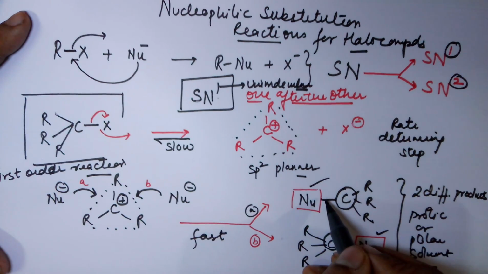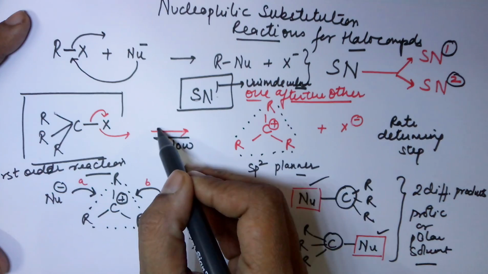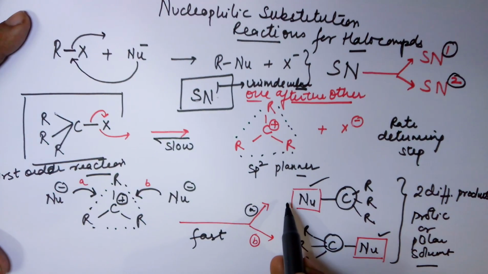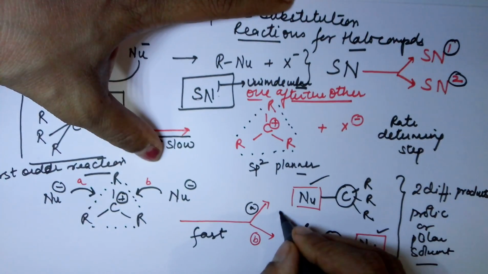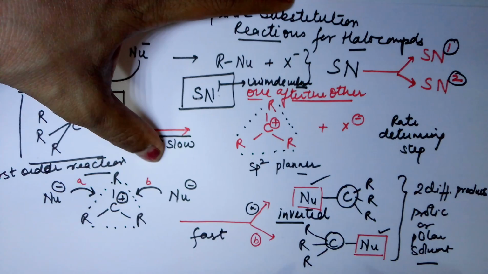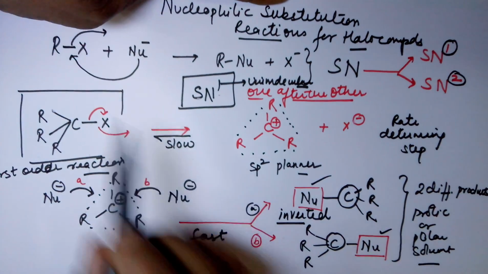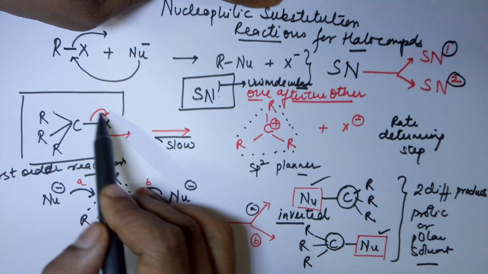This particular product is opposite to the one that you started off with. Your X left from this side while the nucleophile is attacking from the opposite side. So this particular product is called the inverted product. While in this other product, you have the nucleophile attacking from this end, from where the halogen left.